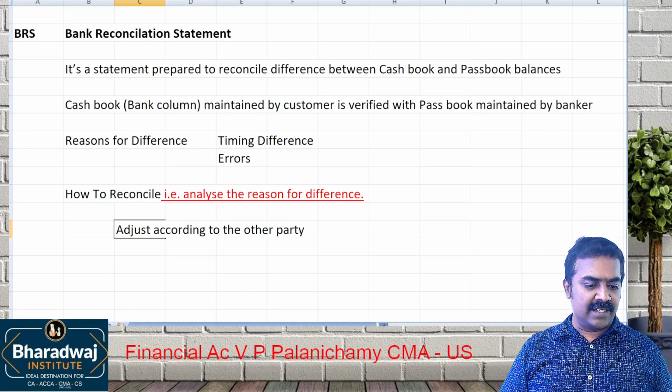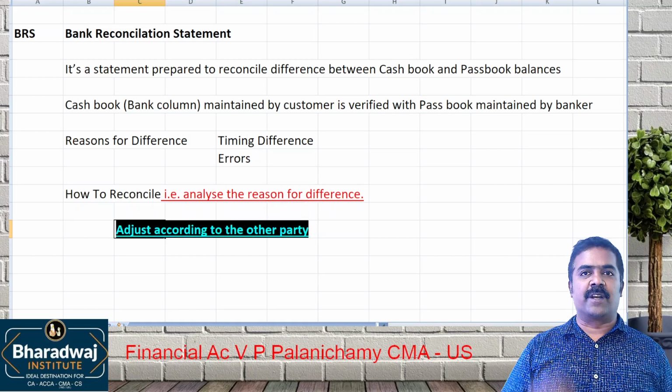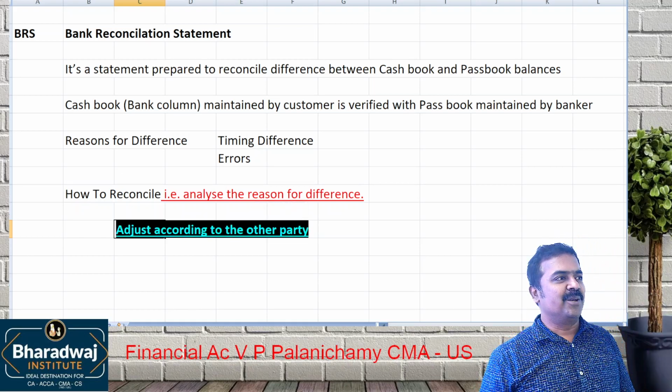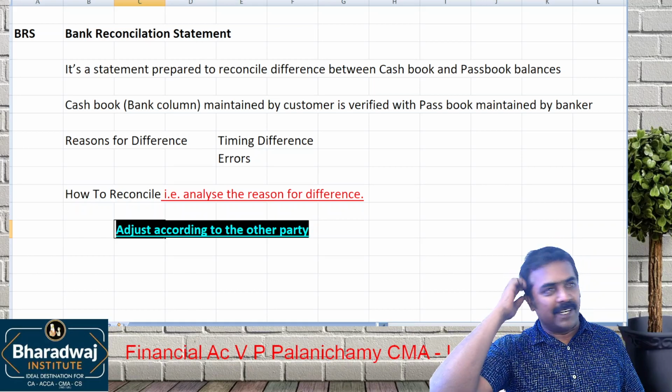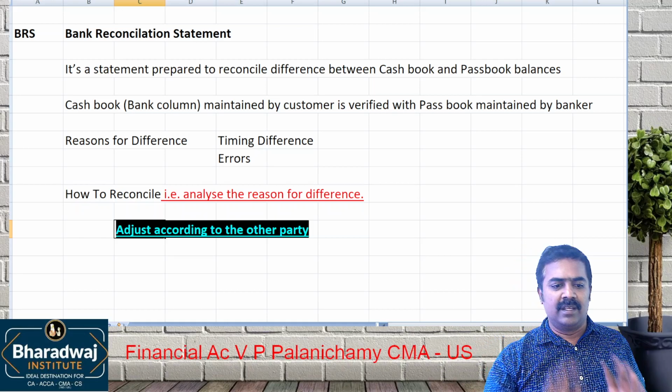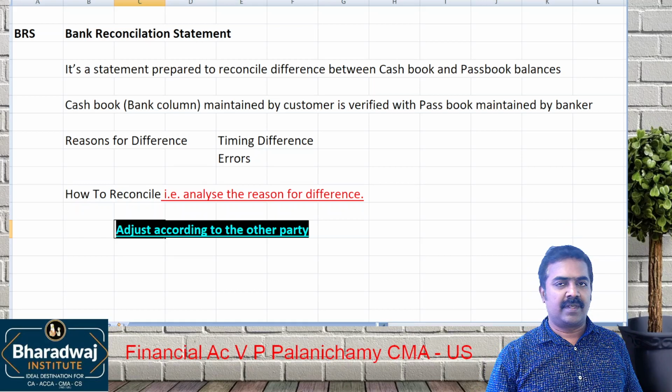If you understand this line, then the entire BRS is over in one line. No need to remember any format, no need to move hands, no need to check debit or credit with fingers, no need to mug up any particular format. Adjust according to which party? Other party.